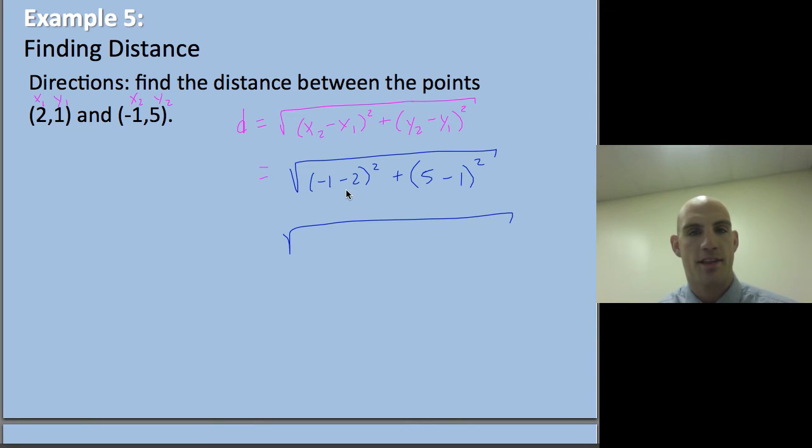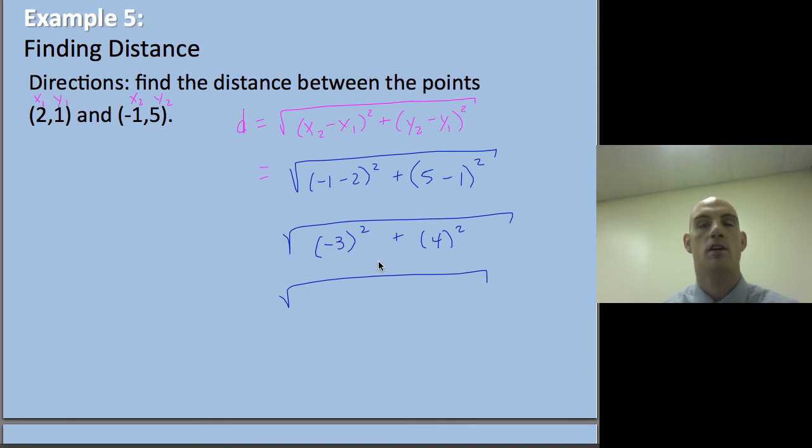Let's do a little bit of math here. Negative 1 minus 2 would be negative 3 squared plus, and this is going to be 4 squared. Well, when I square a negative number, it's really negative 3 times negative 3, which will give me positive 9.